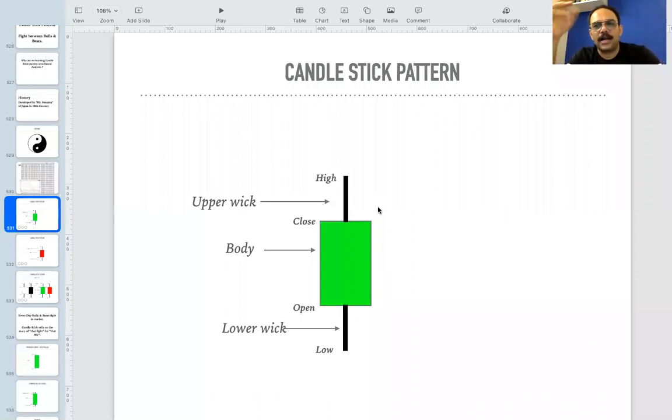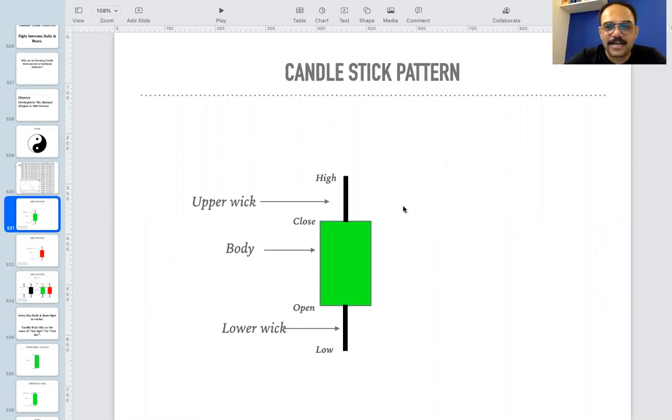I don't know whether the Japanese call it candlestick or not, but when the Western people started learning about candlesticks from Japan somewhere around the 1980s or so, after 300 years of the Japanese using the candlestick, the Western world started learning about them. And as usual, they will not understand things, and they will say, okay, it looks like a candle, so let's call it candlesticks. That is how the name candlestick pattern has come.